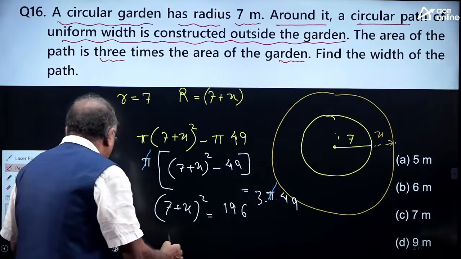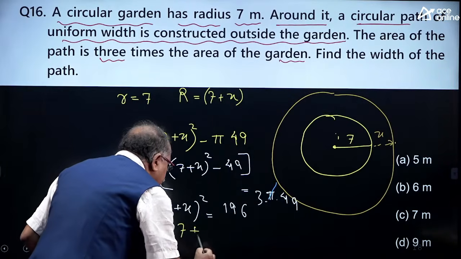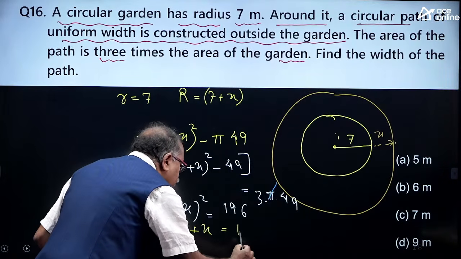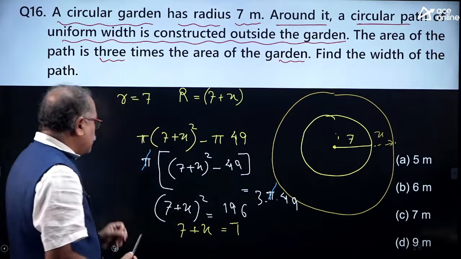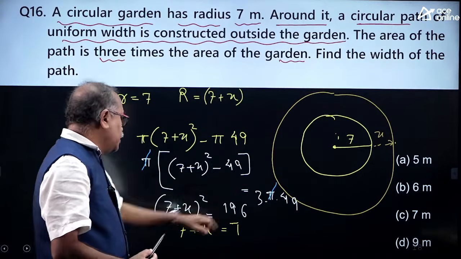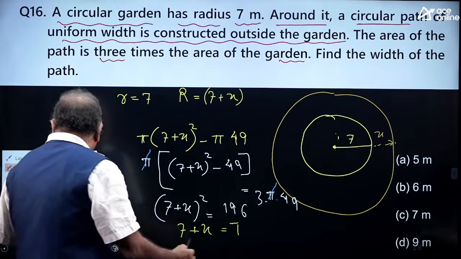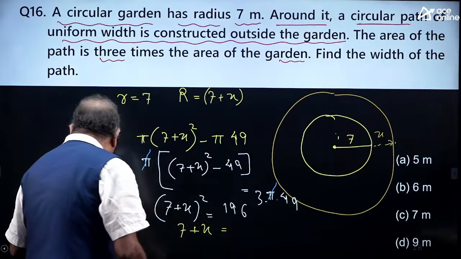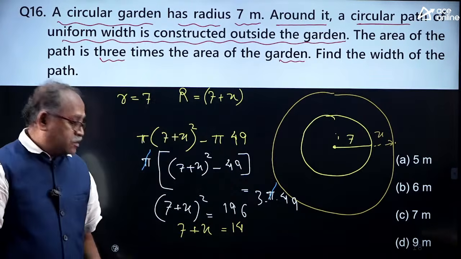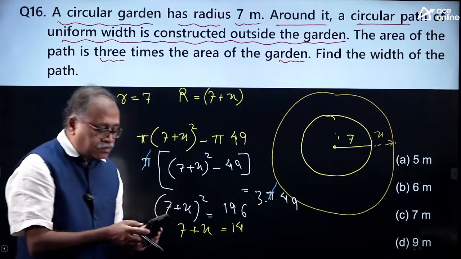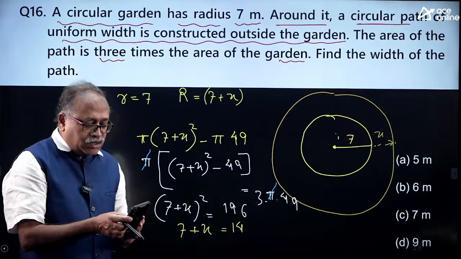So, I am getting 7 plus x is equal to 14. I am sorry, this is 14 square. So, it is 14. So, what is x? Can anyone answer the question?